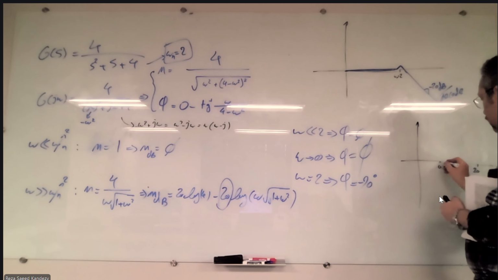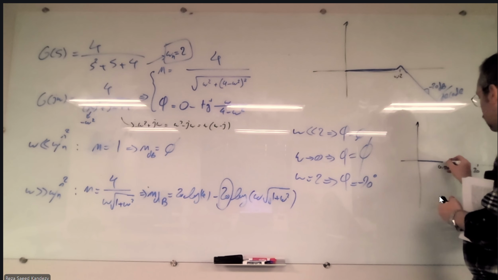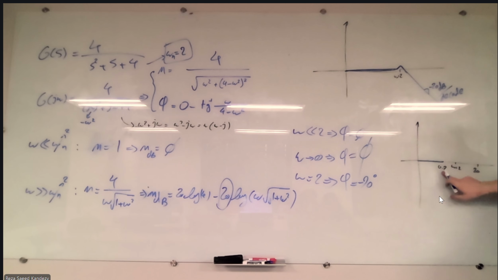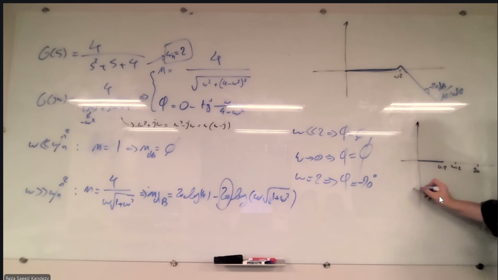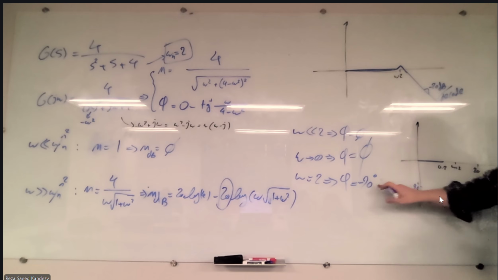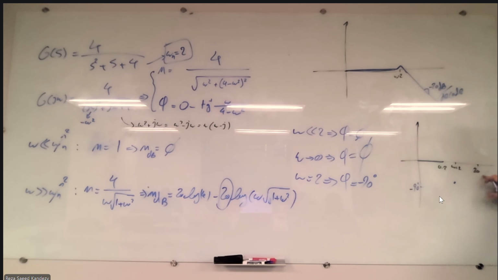So before 0.2, we have 0. For omega n itself, we have minus 90. Let's say this is minus 90. And for after 20, which is the bigger omegas, again we have a 0.